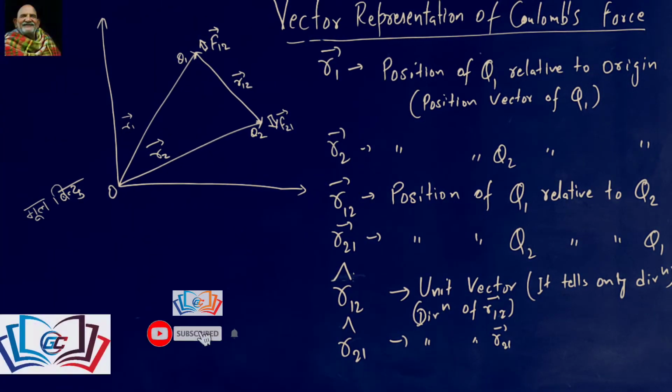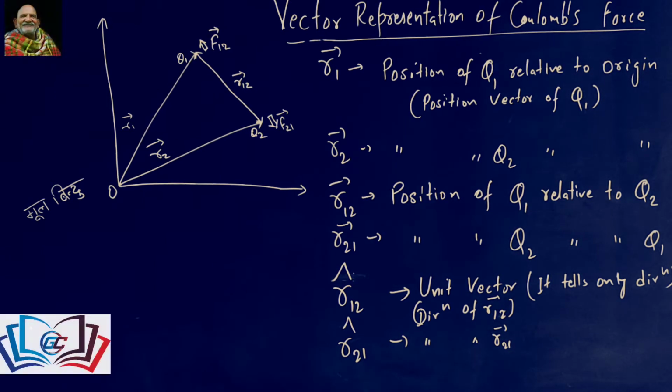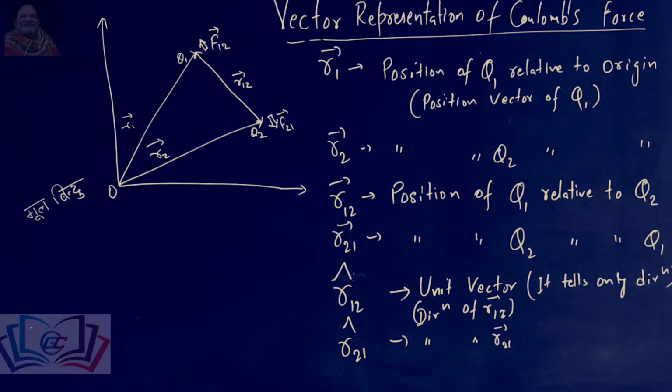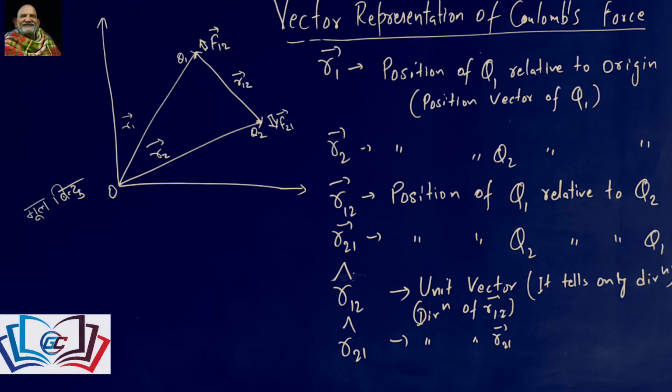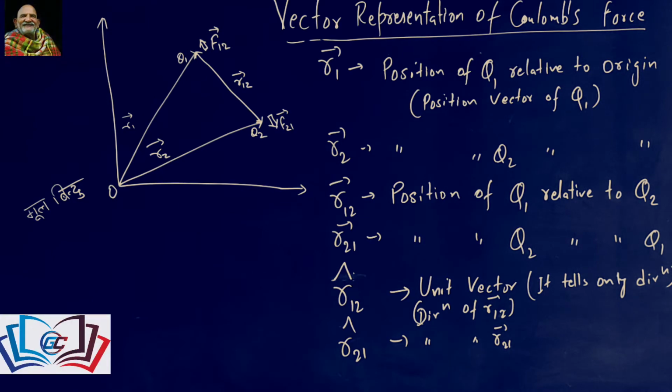Now see here, what is r1? r1 is the position of q1 relative to the origin. It means from O it gives a position, so we define it by r1.